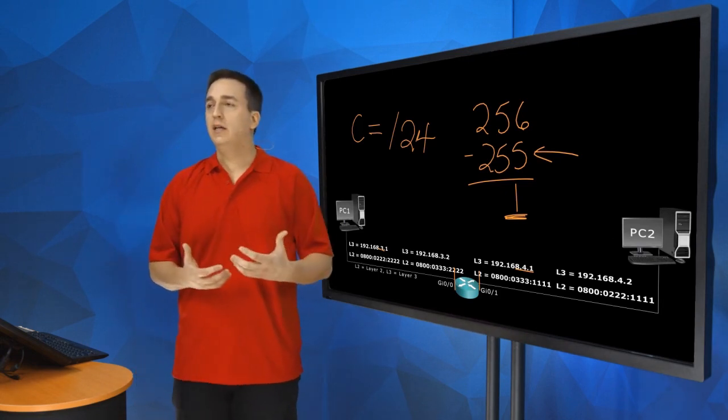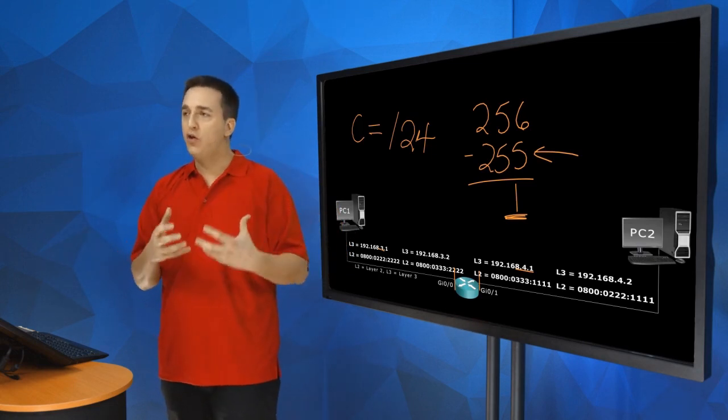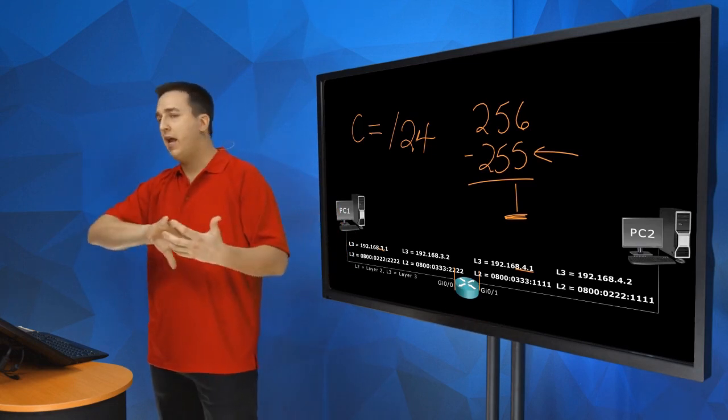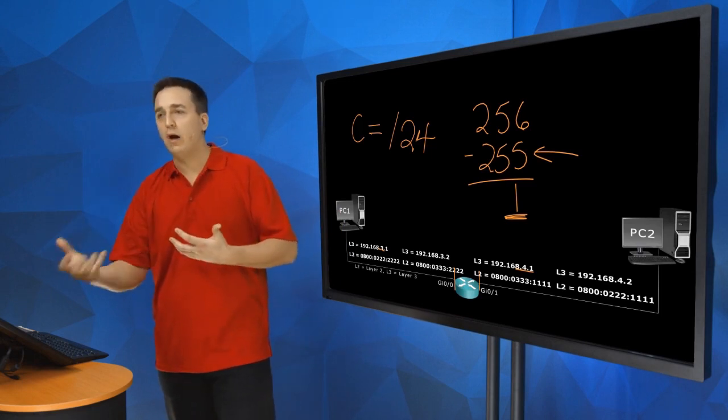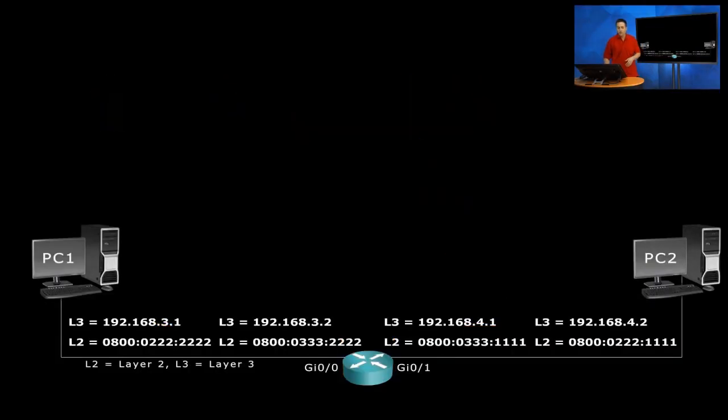So in this case, anytime PC1 wants to talk to PC2, that router is going to have to take those packets and route them to another local area network. We can see our layer 3 addressing here. So our PC1 has 3.1, 3.2 for the router interface of gig 0/0.